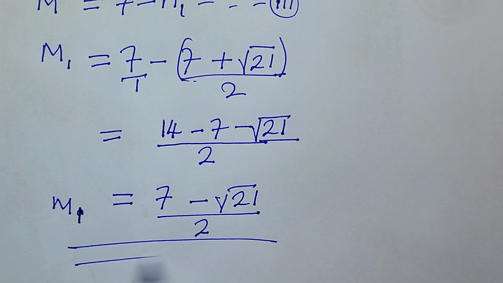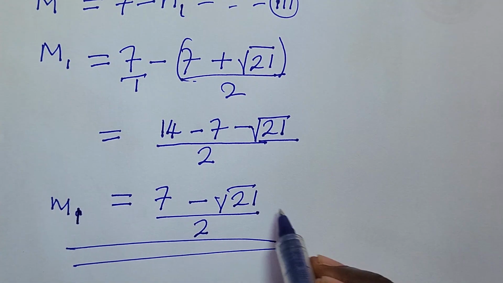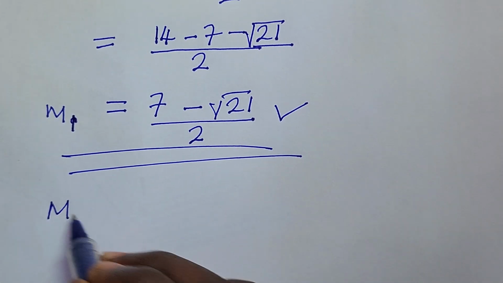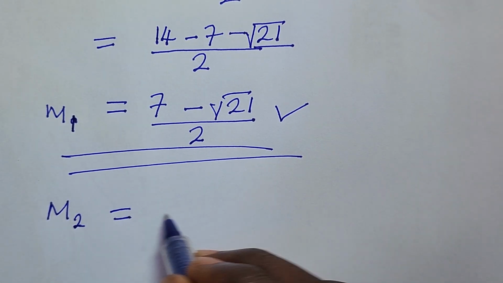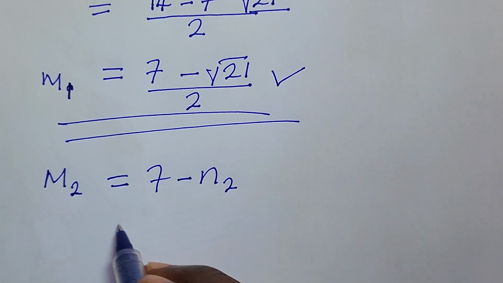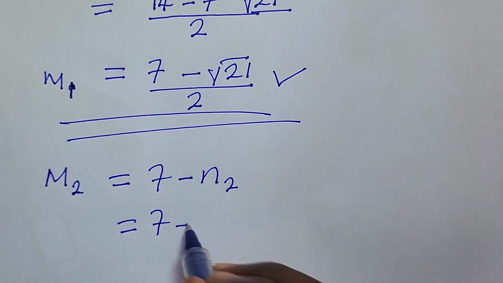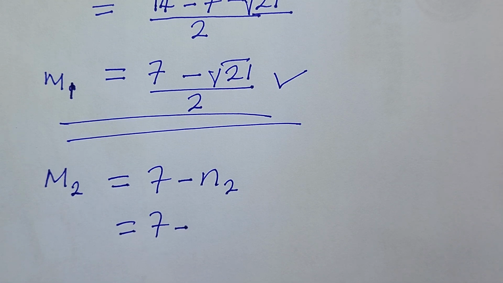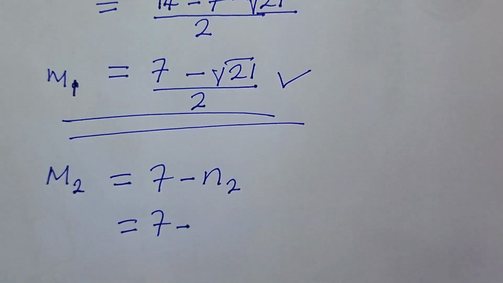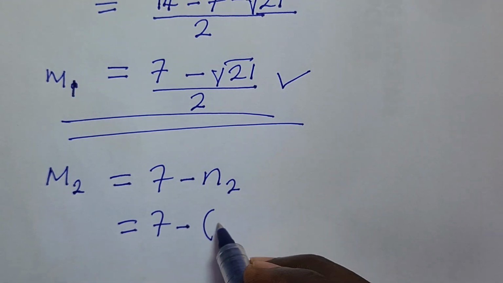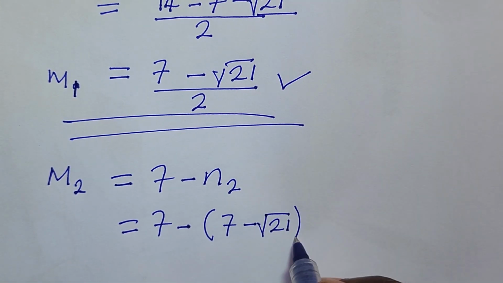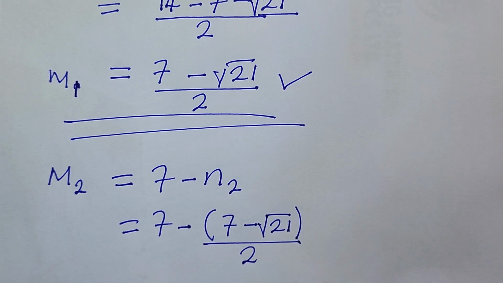So we've gotten the value for our m1. We go ahead and look for our m2. We use the same procedure here. m2 is equal to 7 minus n2. Remember our n2, look at our n2 here. This is going to give us 7 minus (7 minus the square root of 21) all over 2.